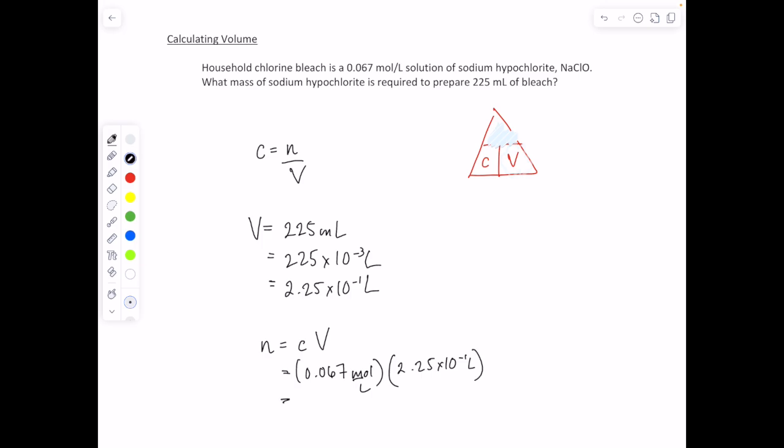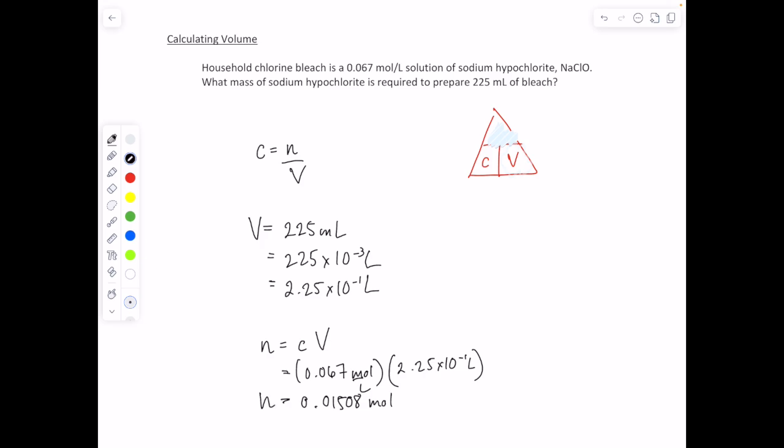If we punch this in, we end up with 0.01508 moles.